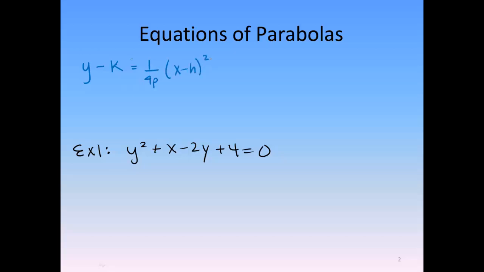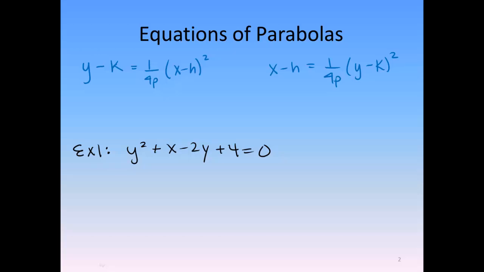Now this 1 over 4p is going to be like our coefficient, and it could be in any form, so we'll just have to keep working with that. And then we'll also have x minus h equals 1 over 4p, and that's going to be our y minus k quantity squared. So we'll have to identify as to which one they're going to be, but that should be pretty easy because only one of them is squared, and that's going to indicate to us right away which formula we're going to end up looking like.